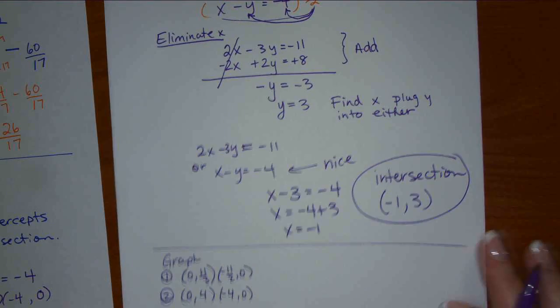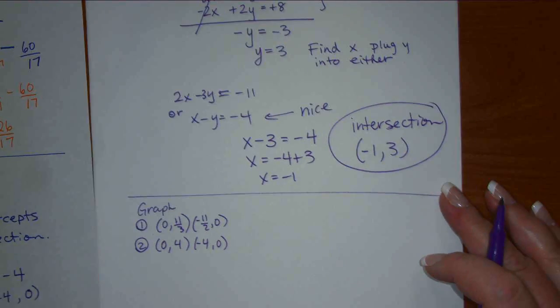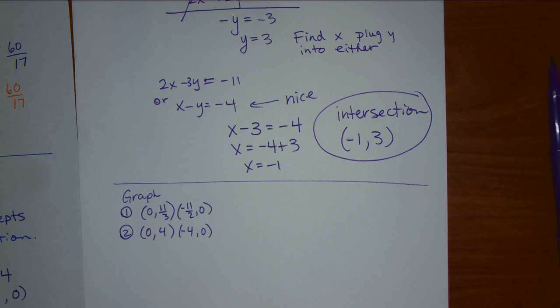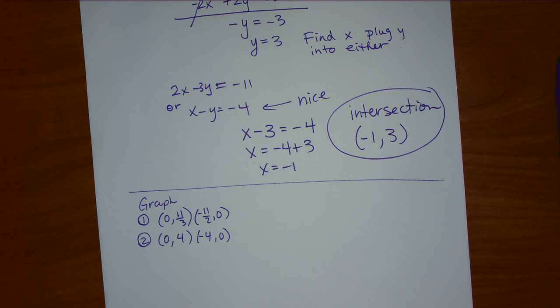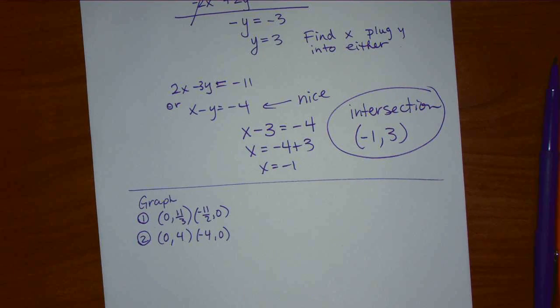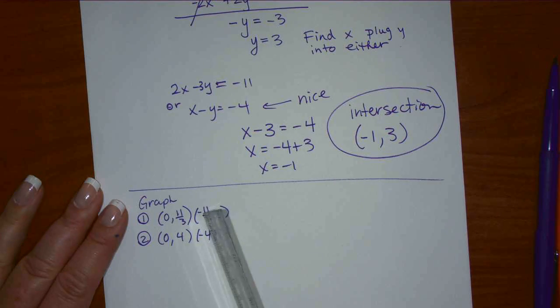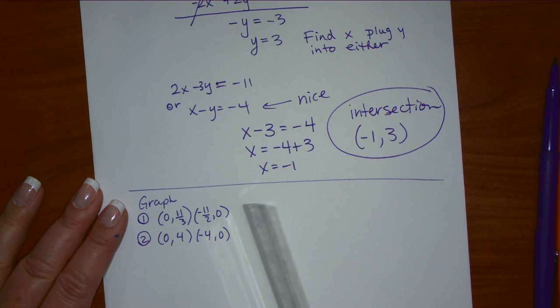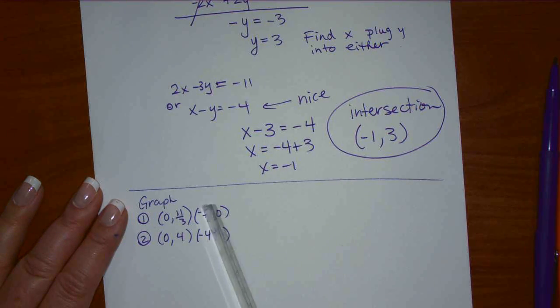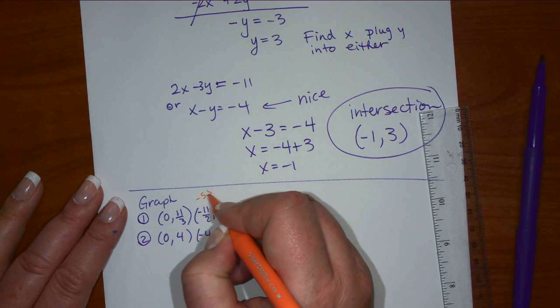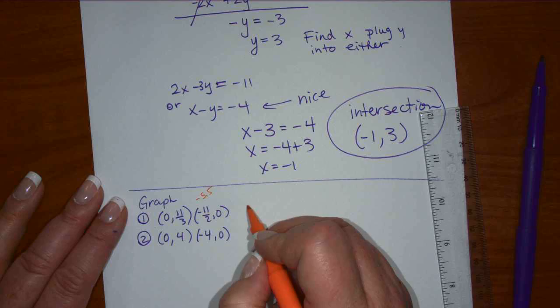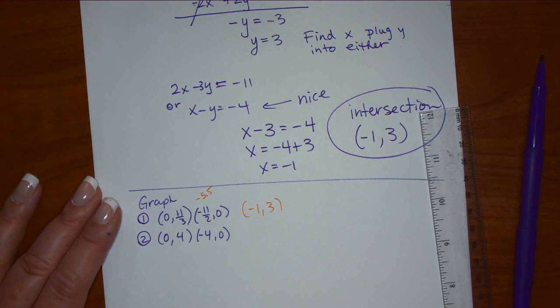Okay. I just rewrote the intersection points because they're on the other page, so I couldn't see them. Okay, so what are the x values? The x values are the first number, so what do they range between? This is what did we decide that was, 5.5? We have a negative 4, and what's the intersection point? Negative 1.